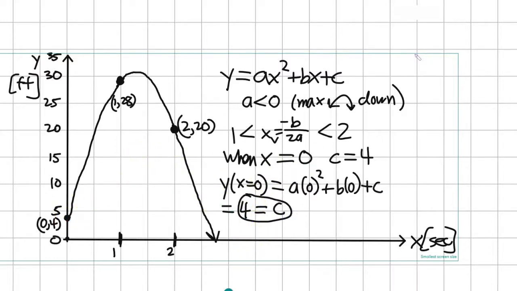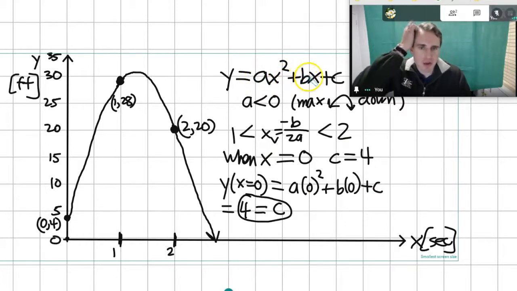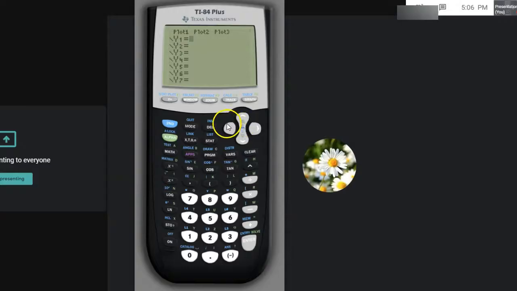What I'm trying to say is that when it asks us to use our graphing calculator, we want to fit a curve using the values of a and b, and we just need to be a little clever in making good guesses at a and b to get this curve. We should plot a couple points.